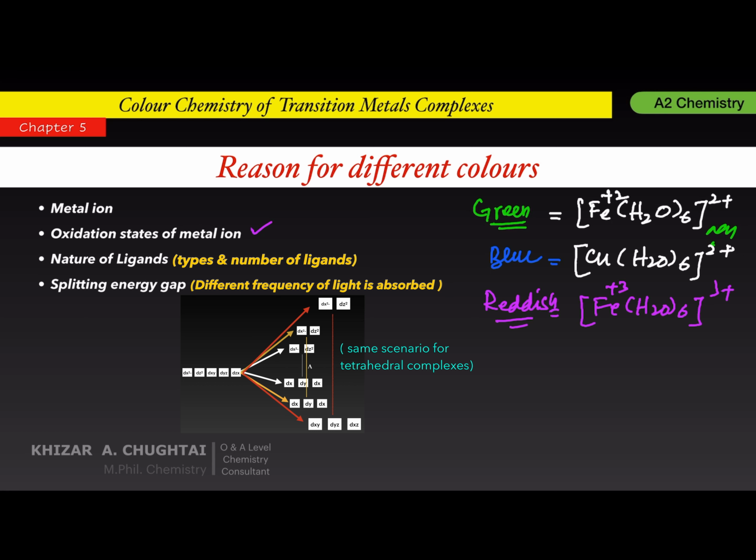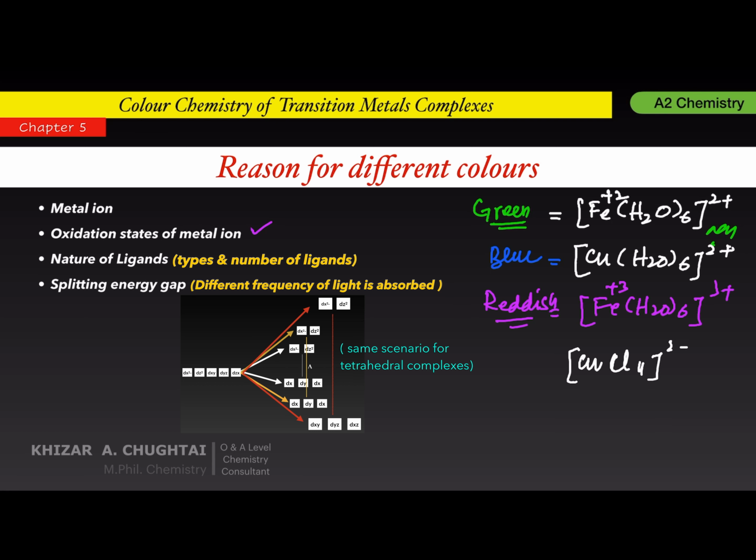Now I'm going to compare the blue one and the reddish one. In this case, once again, there is no change of ligand. There is simply a change of the metal ion. I'm going to write another complex, for example, CuCl4 2 negative ion complex.